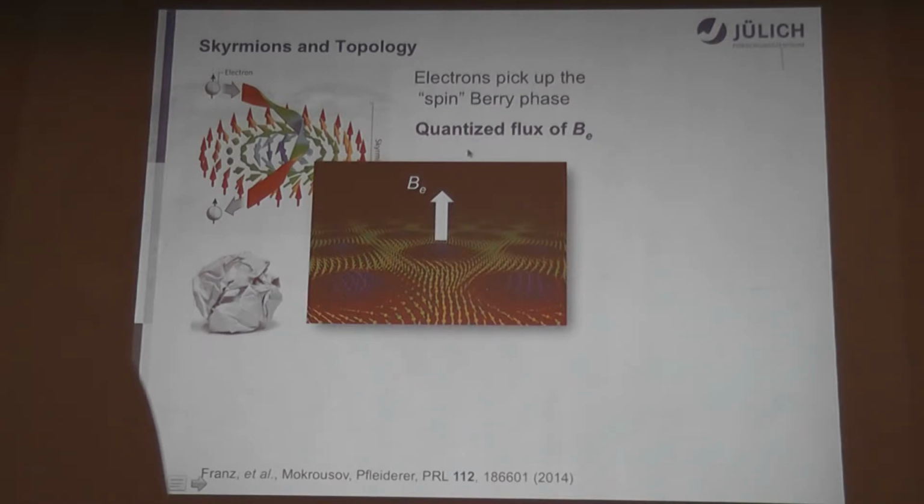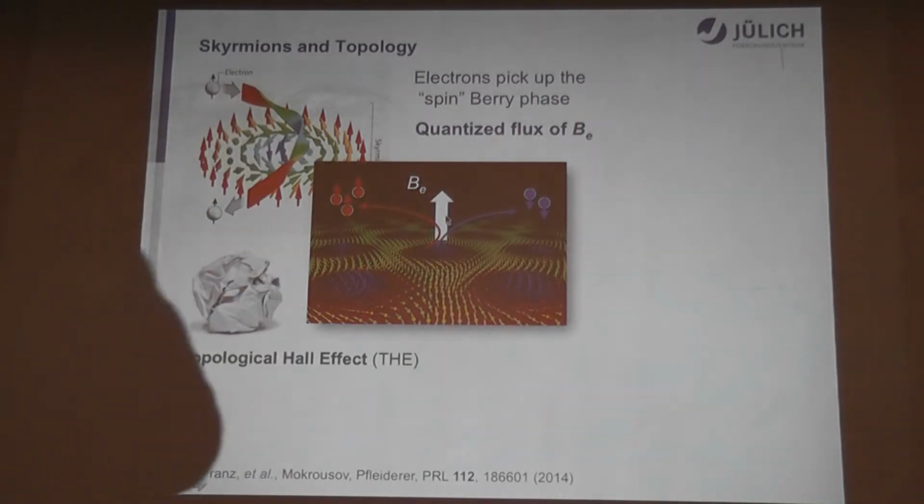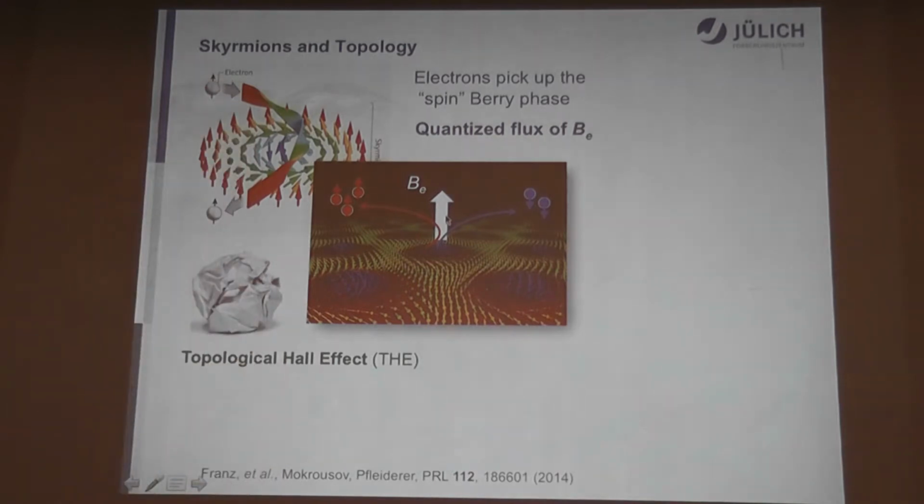Another consequence of the presence of this field is that it exerts a Lorentz force on the propagating electron. Since this Lorentz force comes from the magnetic field in spin space, it is effectively spin dependent. So it deflects electrons of opposite spin in opposite transverse directions.